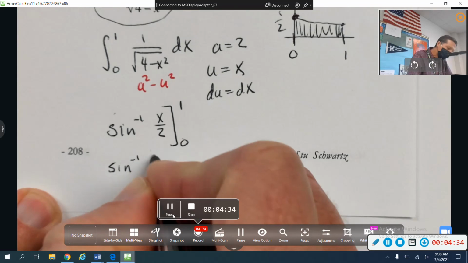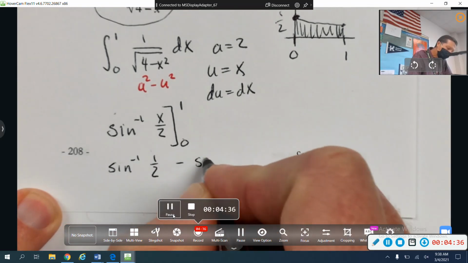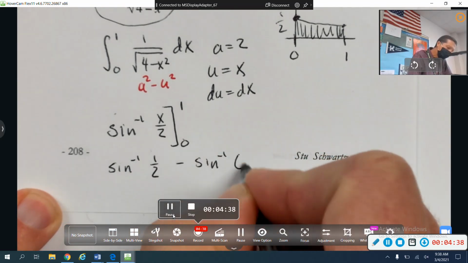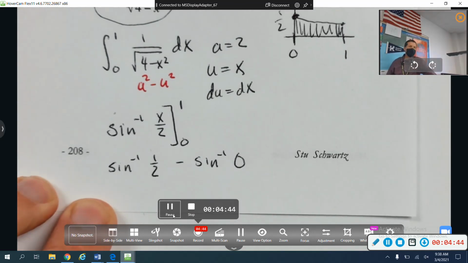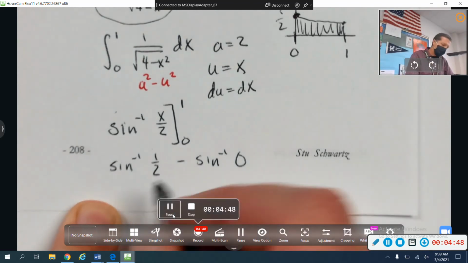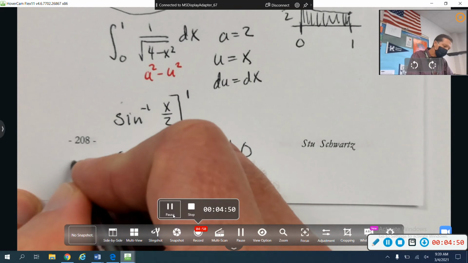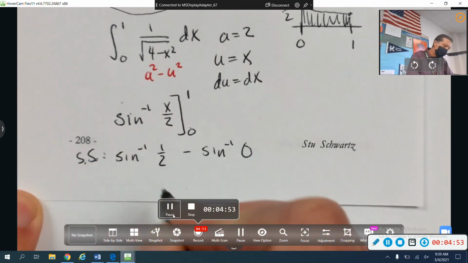So inverse sine of 1/2 minus inverse sine of 0. Now, I am finished there, if you want to be, because that is calculator ready. That's not calculus, that's calculator stuff, it can handle that. Now, on a multiple choice test, yes, that's a safe stop.